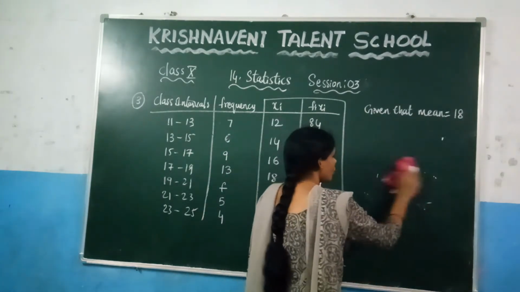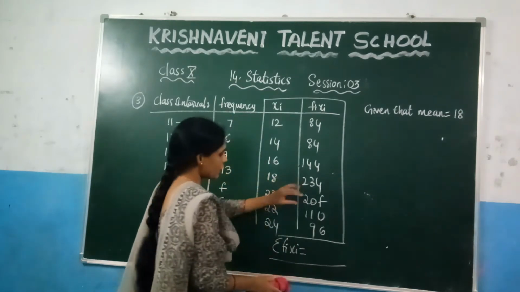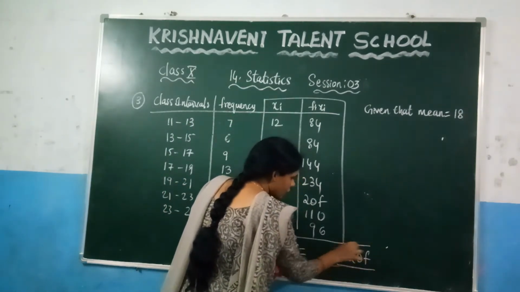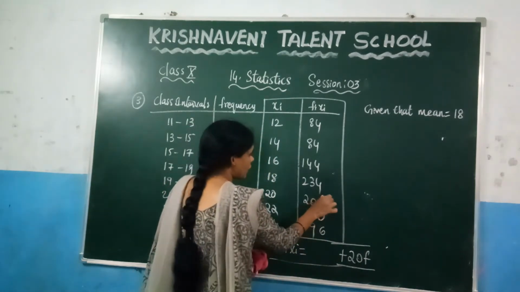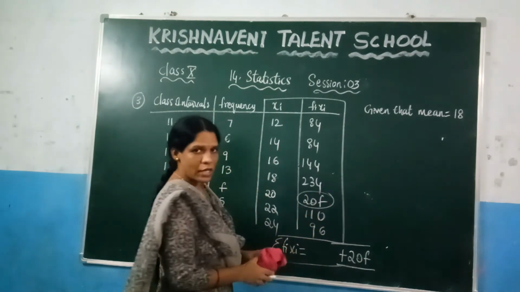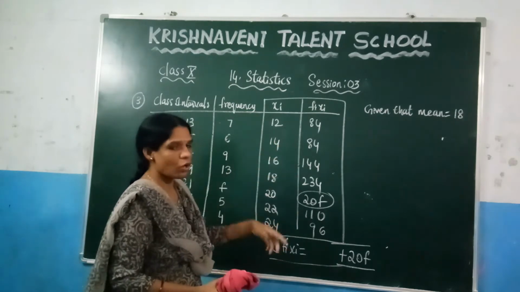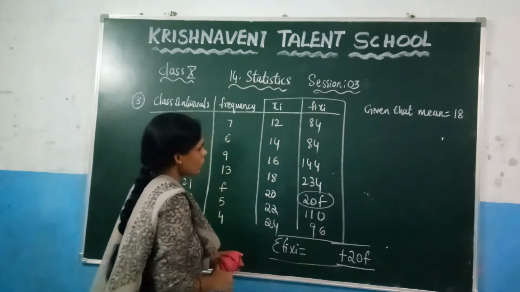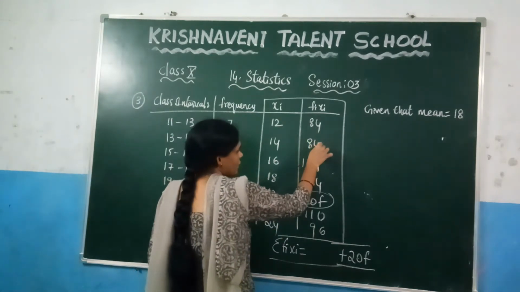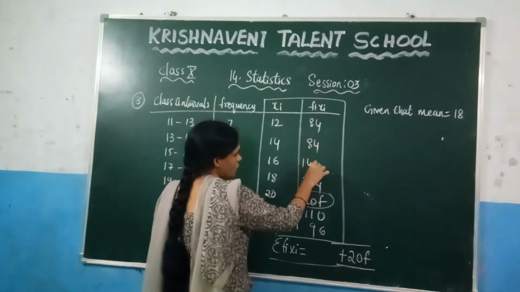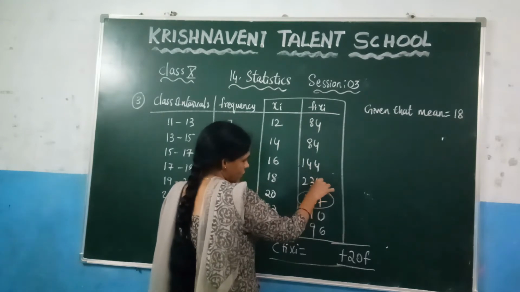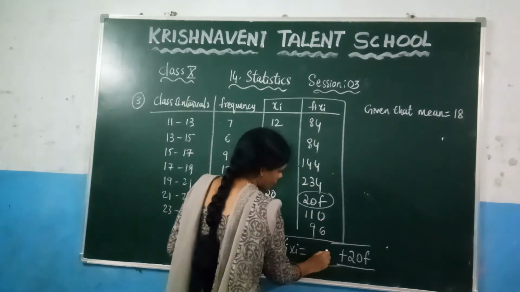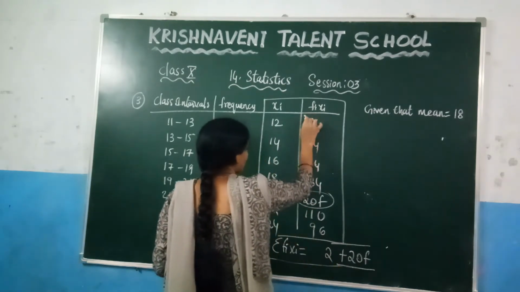Similarly here, how do you add these values? Write 20f separately here, and then add all the other values except this one. You have to leave that value and add all the rest. After adding all these values, what will you get? Check it here: 4 plus 4 is 8, 8 plus 4 is 12, 12 plus 4 is 16, 16 plus 6 is 22.